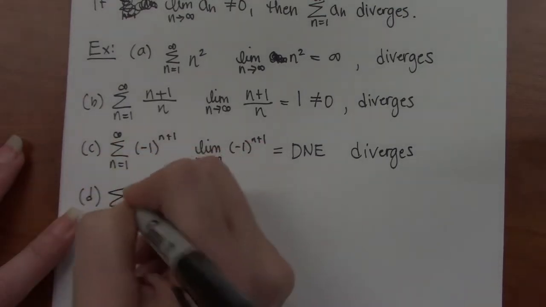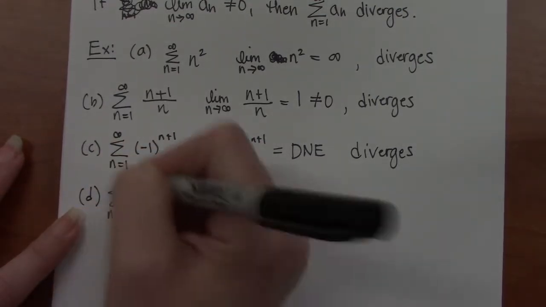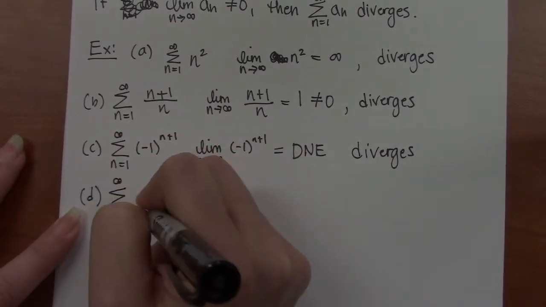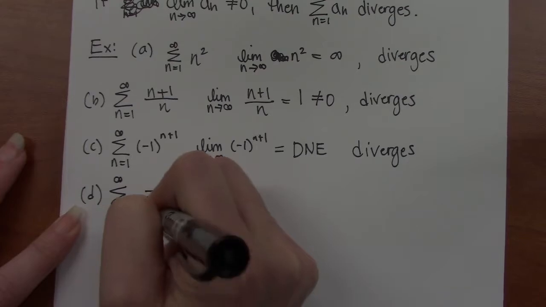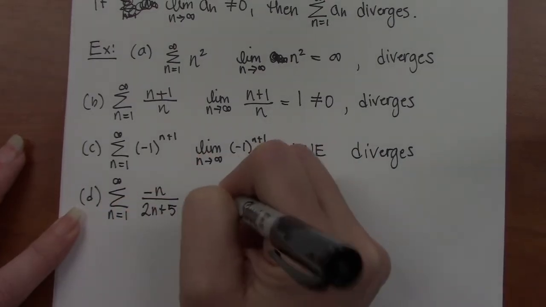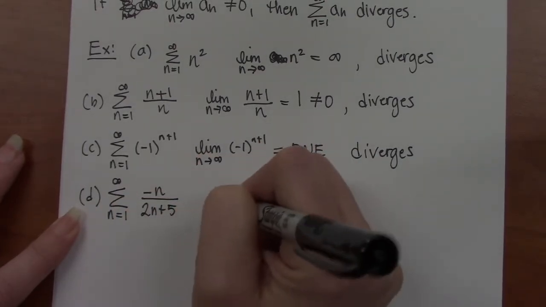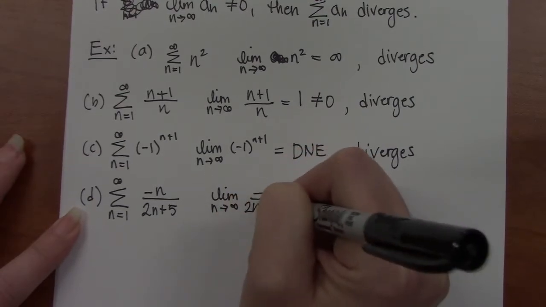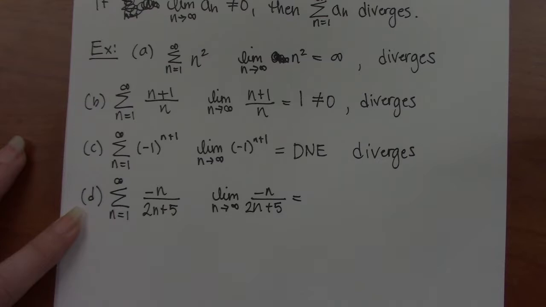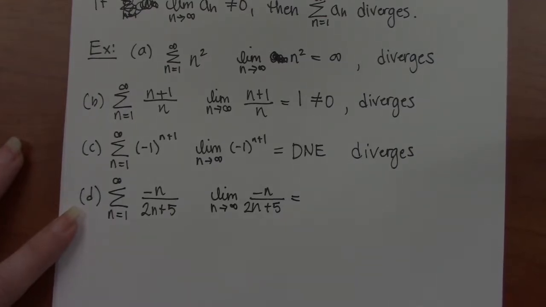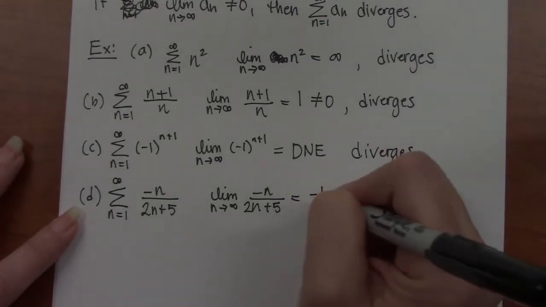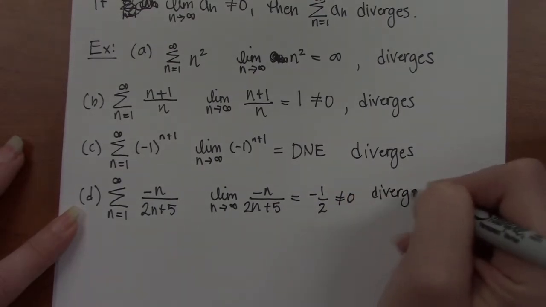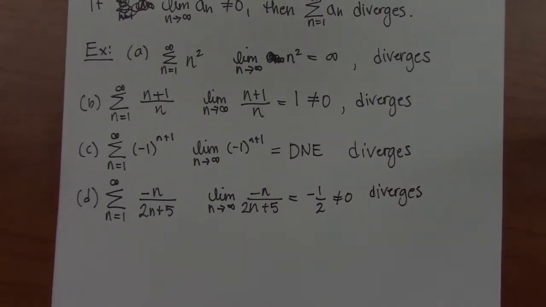All right, we'll look at one more. All right, what's that limit going to be? -1/2. So non-zero, so we diverge. Okay, so the limit can be positive or negative.